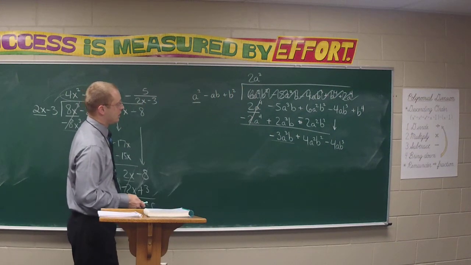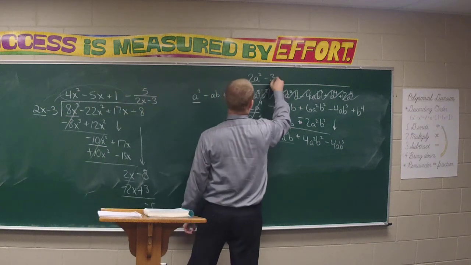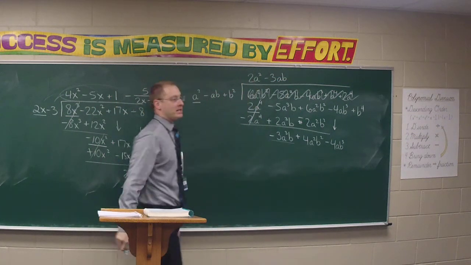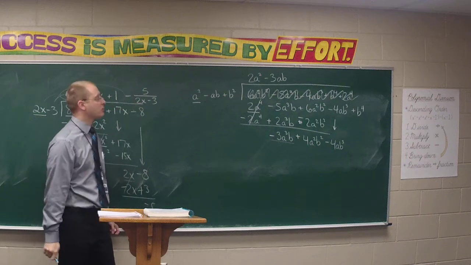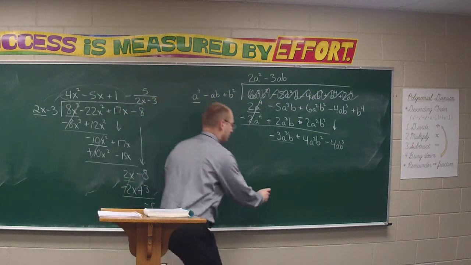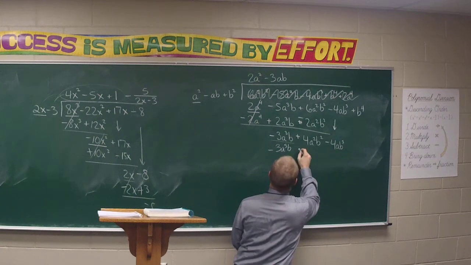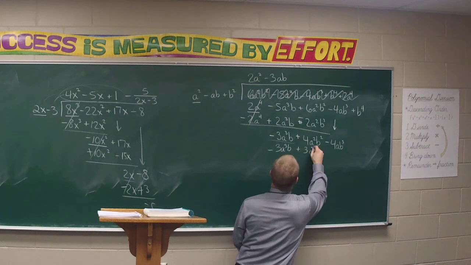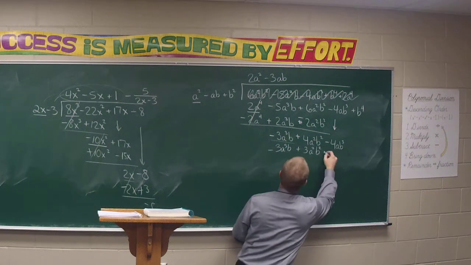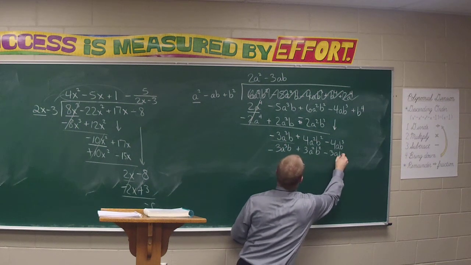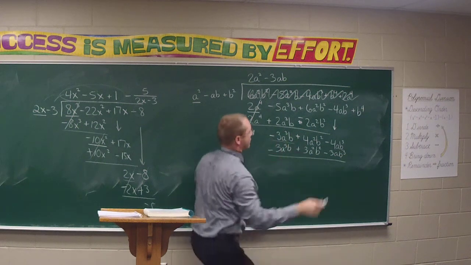Negative 3ab. And once I've written that down, Maddie, what do I need to do? Distribute to get negative 3a cubed b plus 3a squared b squared, and negative 3ab cubed. And then what do I need to do, Noah?